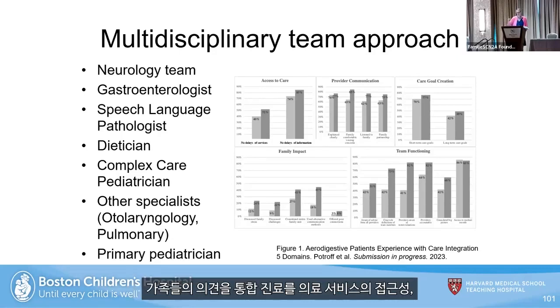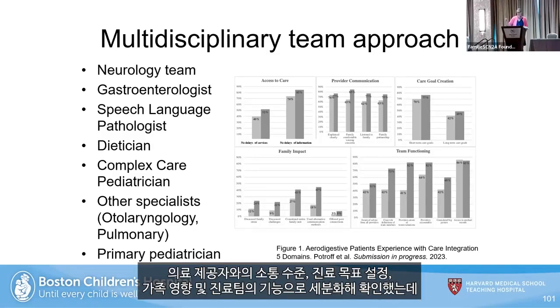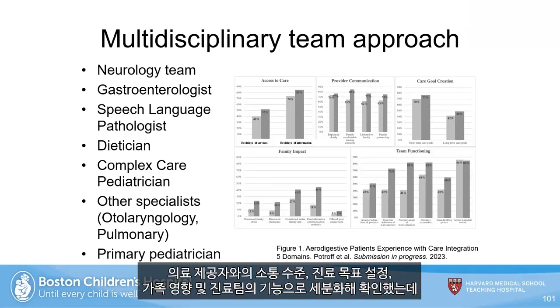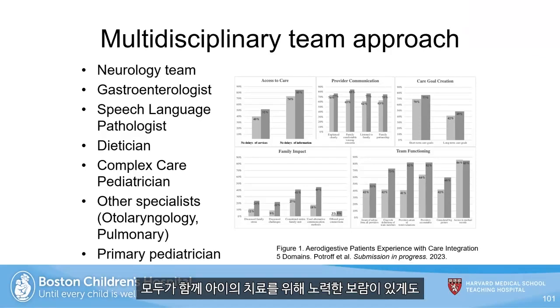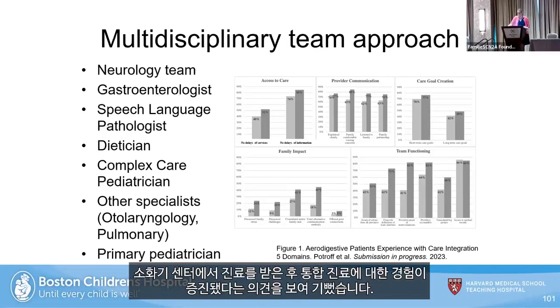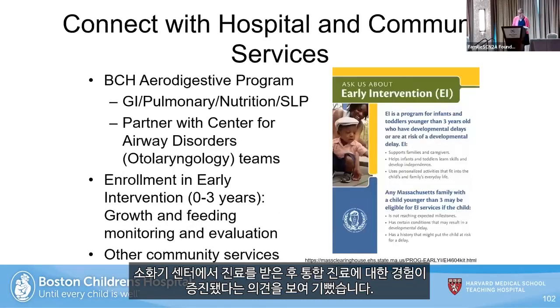And they break care integration down to how families felt with access to care, provider communication, care goal creation, family impact, and team functioning. And it was actually because we spend a lot of time working as a team, it was nice to see that people thought their experience with care integration was higher after being seen in our aerodigestive center.